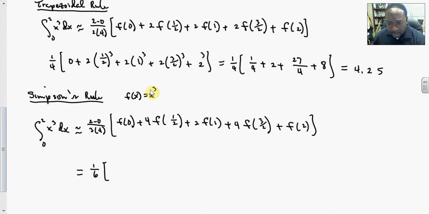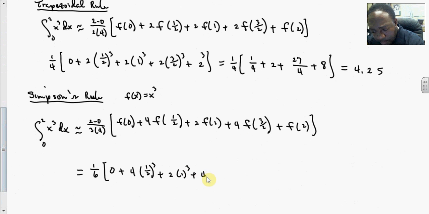And the neat thing about the trapezoidal and the Simpsons rule is that what we have here in the parentheses will be the same, just the numbers on the outside are different, right? So we get 0, then 4 times 1/2 to the third, plus 2 times 1 to the third, plus 4 times 3/2 to the third, and then plus the last term, which is not multiplied by a factor, 2 to the third.